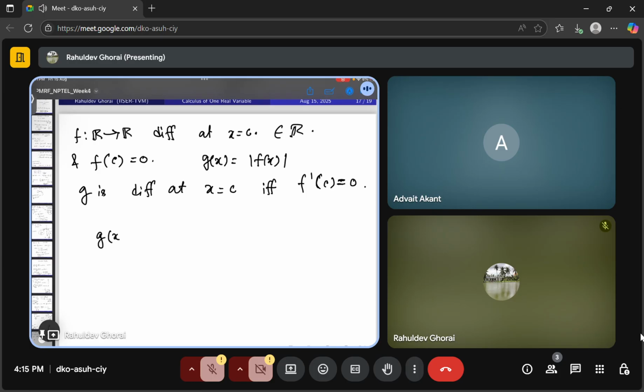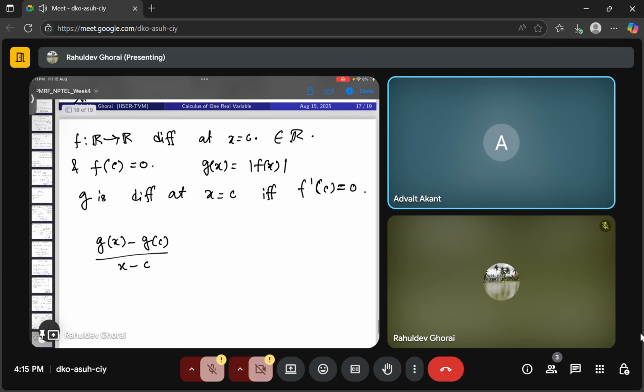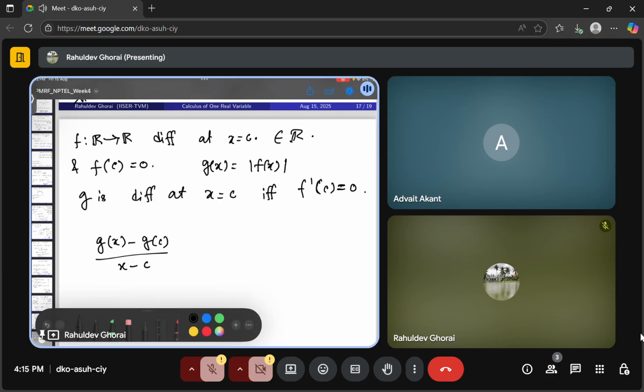Maybe you just took it like this, g of x minus g of c. Yes, just the definition with f of x plus h, or f of x as x tends to c.